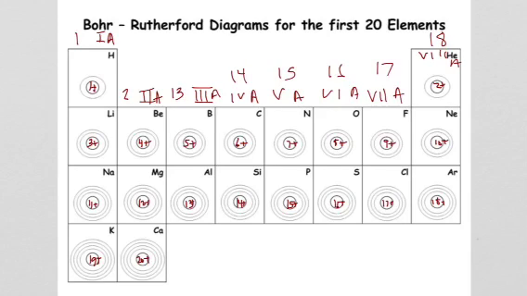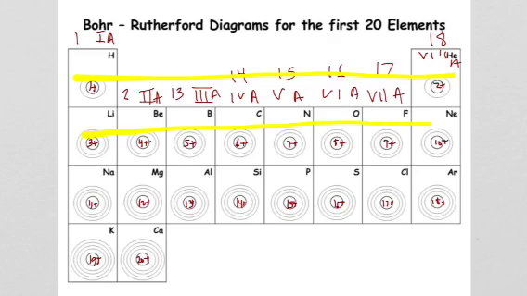Now, when we're talking about the periods, we're looking at the horizontal rows. I'm just going to add some color here just to see what I get. Let's give this a try. This is row number 1.